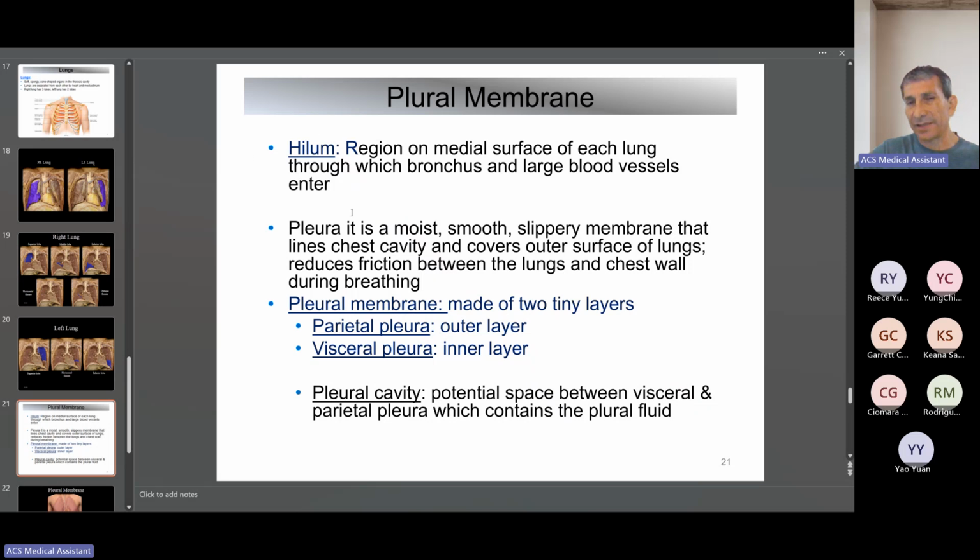So we leave it for last. So first, let's focus on the membrane itself. Remember, this is a membrane that is very flexible. It has to have the capacity to inflate and deflate. That's basically what it is.